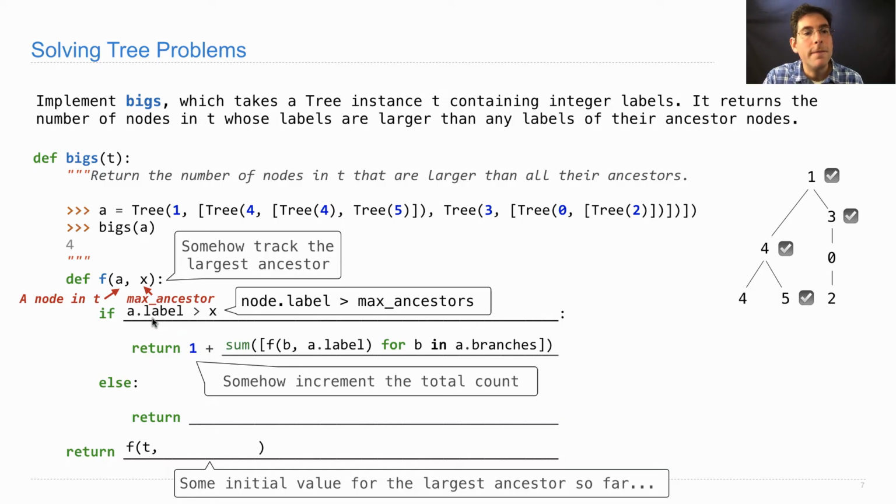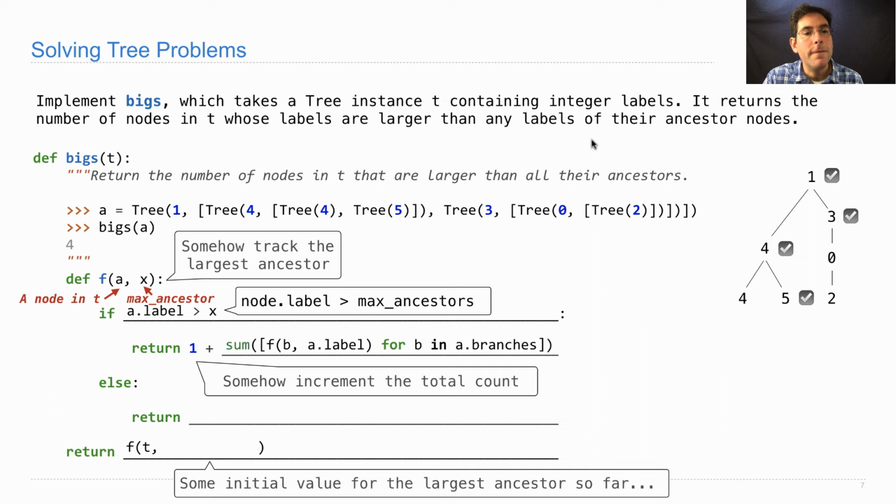And what if I haven't found a node whose label is larger than all the other labels of the ancestor nodes? Well, then I still have to look in the branches. Maybe there will be another node there. Imagine that down here somewhere there was a 12. Well, it would certainly be larger than the 1 and the 3 and the 0 and the 2 that were above it. And so you have to keep looking, even if the node you're looking at isn't one that has the property you want.